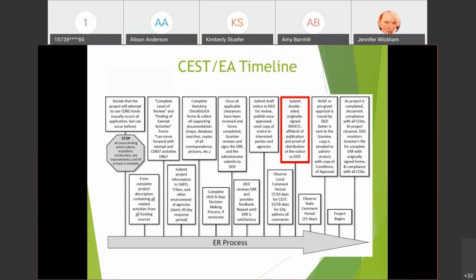After 15 days have elapsed, the authority to use grant funds is issued by the state, or a pre-grant approval is issued. This goes to both the grantee and the grant administrator with a copy of the conditions of approval. After that, the project begins. Next slide.